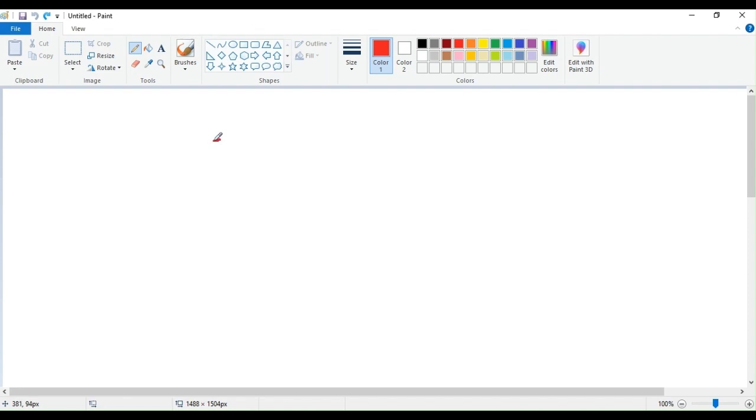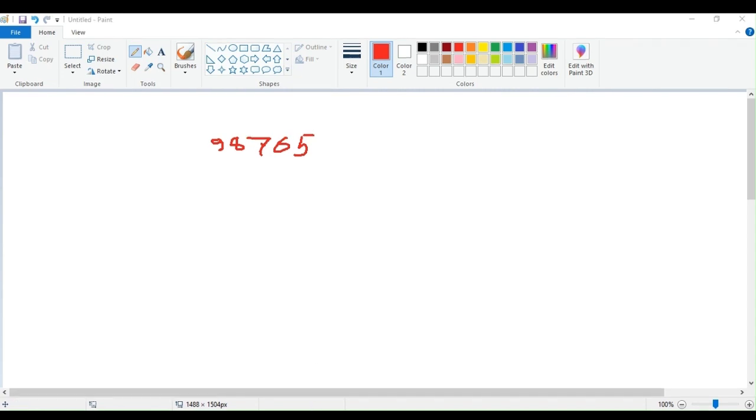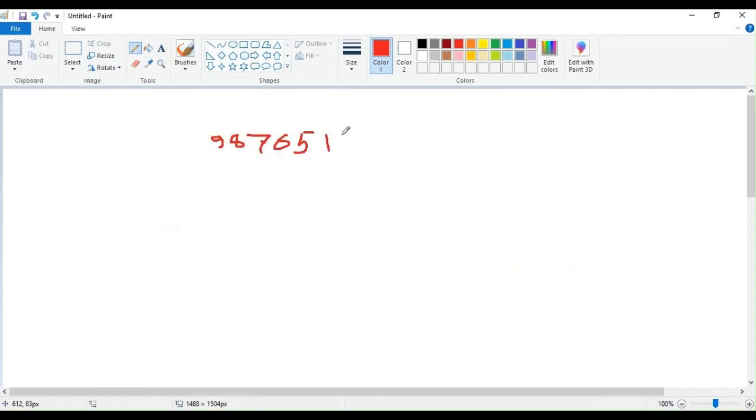Here we have 9, 8, 7, 6, 5, then 1, 2, 3, 4, and 1, 2, 3, 4. So these 9 numbers we have in the third example.